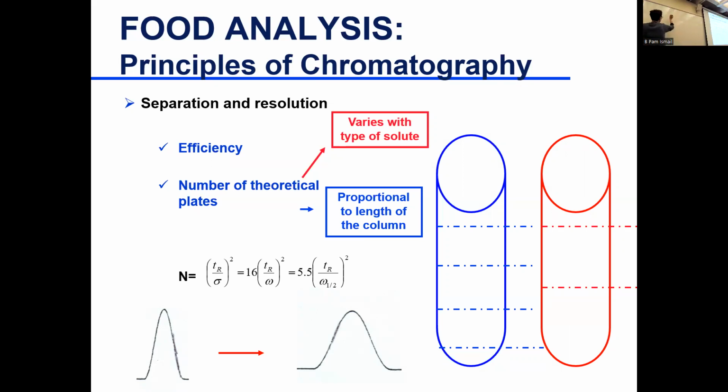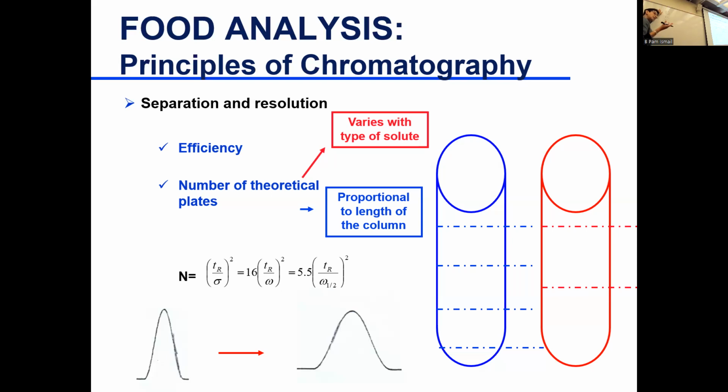And we say theoretical because the column is not really divided into any plates. The column is a column that has a stationary phase inside of it. That's why we say theoretical. So this is your column, and it has a set number of theoretical plates at the beginning, brand new column.